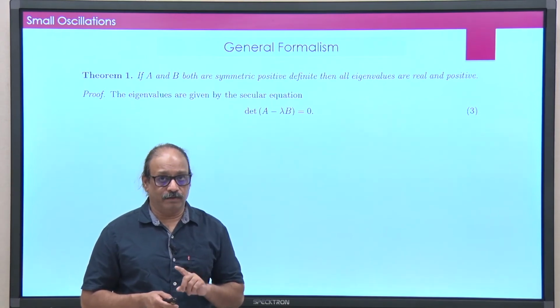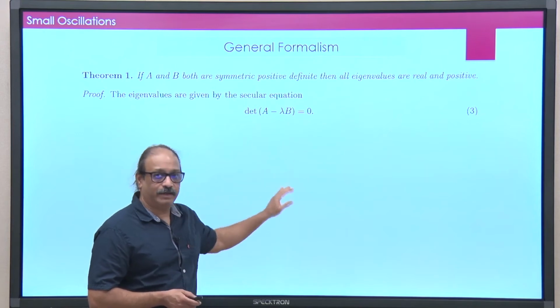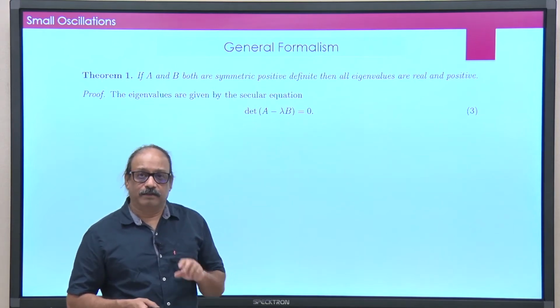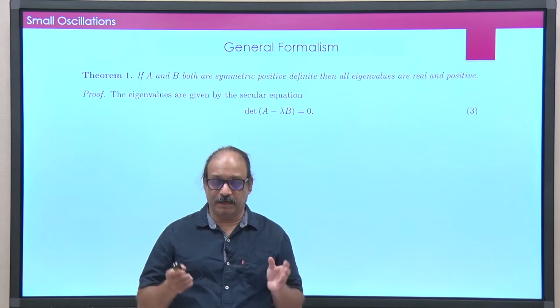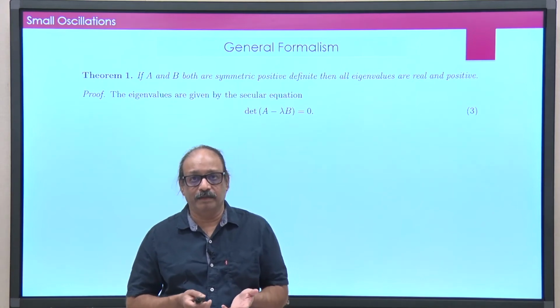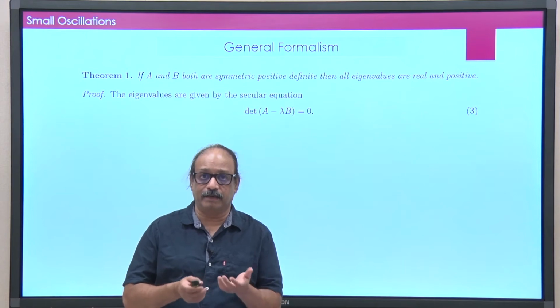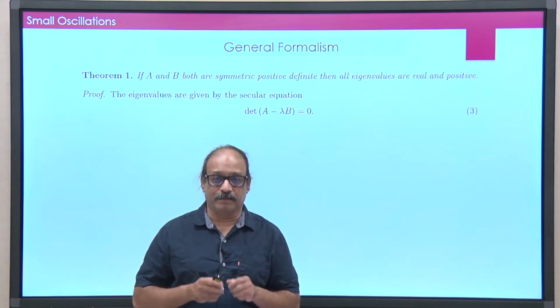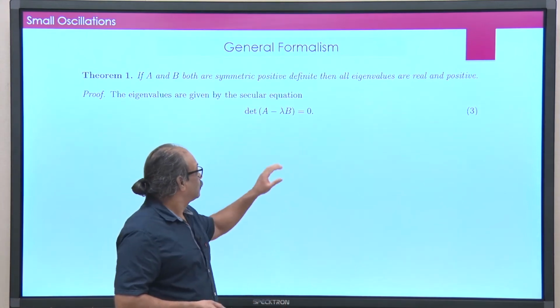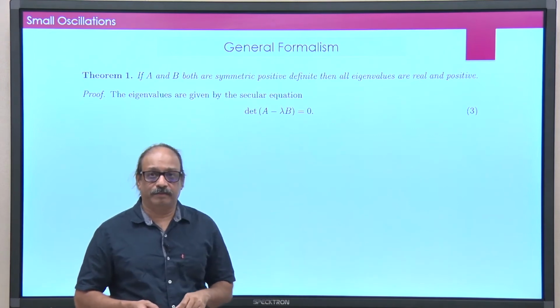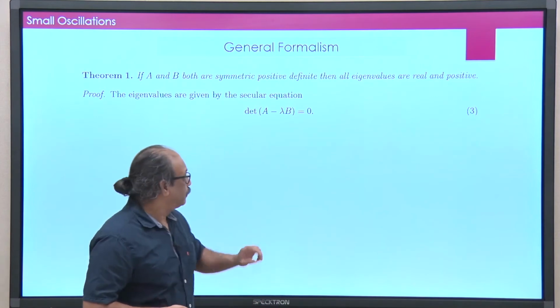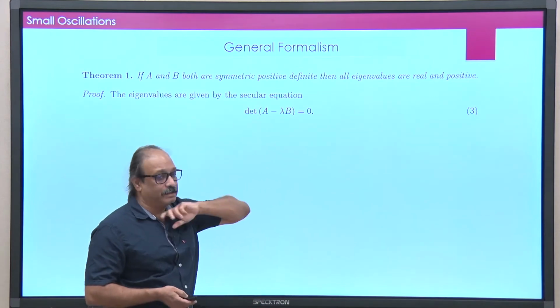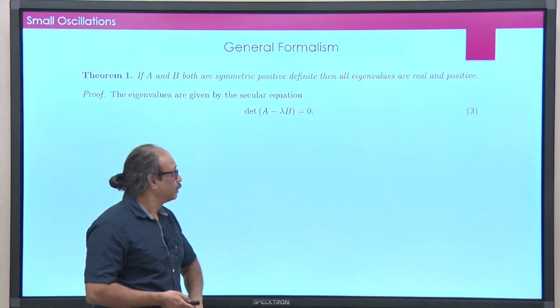In the subsequent calculation, we will assume that we are not really looking at the problem in real numbers, but at complex numbers. So, think of this as a problem of complex matrices, but we know that A and B are symmetric, real and positive definite.